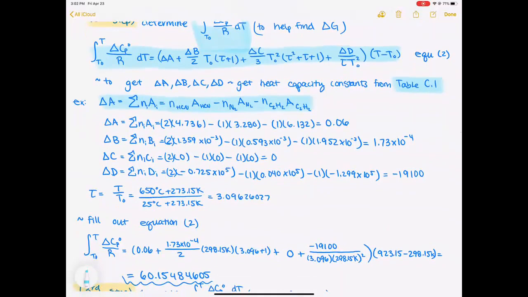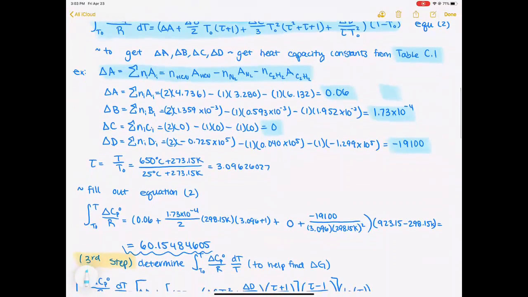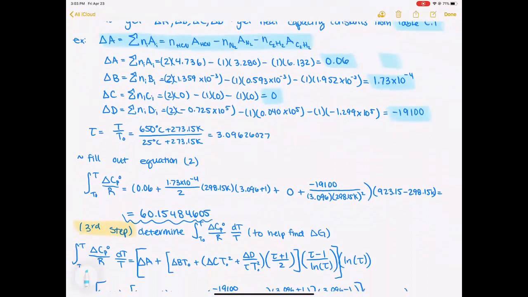And then for each of them, you can see that delta A is 0.06, delta B is 1.73 times 10 to the negative 4, delta C is 0, and delta D is negative 19,100, sorry. We also use the symbol tau in our equation, and tau is just the T over T naught in Kelvin, and so you can see that tau is just equal to that.